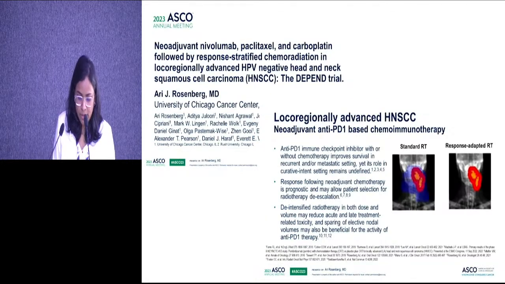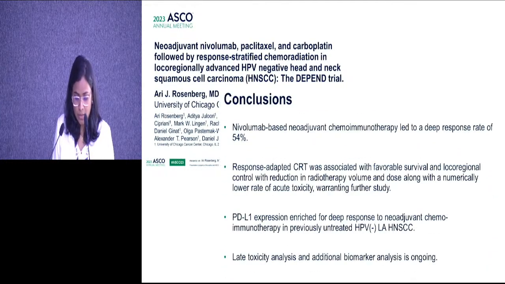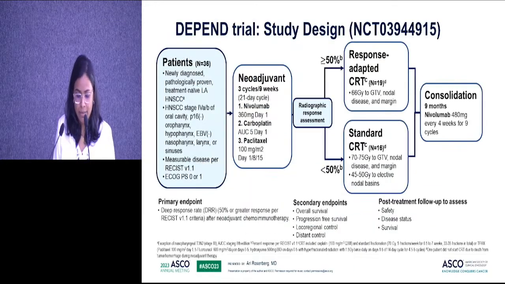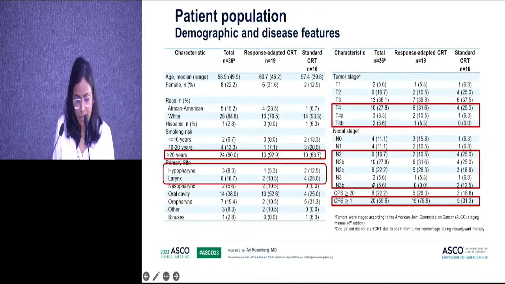There is also data that have been presented for response adapted therapy, a little heterogeneous study population including HPV negative head and neck squamous carcinoma, including larynx, hypopharynx, oral cavity and other sites, where they looked at giving chemotherapy, nivolumab plus again taxane platinum, and planning radiotherapy based on the responses. For patients who had good responses, again they gave a lower radiation dose, and those who had less than 50% responses, they gave the standard radiation dose.